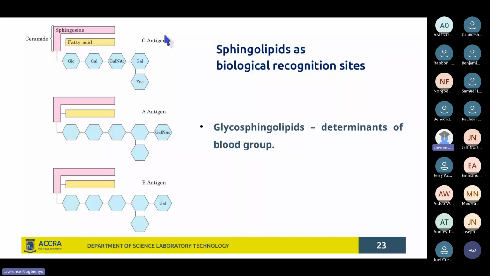In different individuals, the cell, these immune cells in the membrane, have some specific lipids.